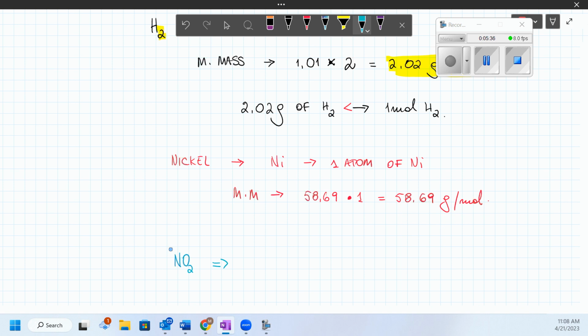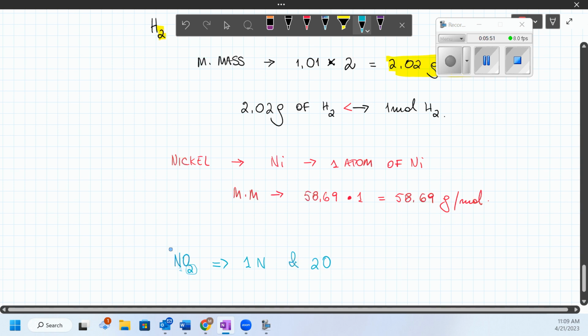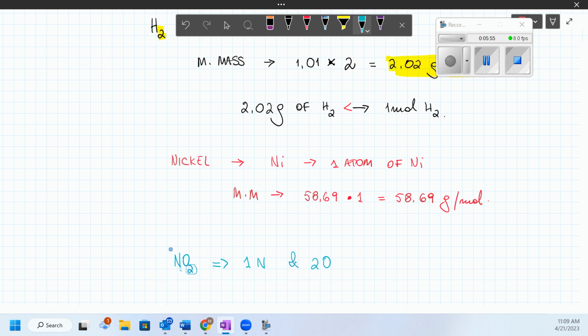That means that we have one nitrogen and two oxygen. How do we know that we have one nitrogen? Because this number here is 1, which we do not write, and this number here is 2, which we do write. So that tells us that we have one nitrogen and two oxygen.